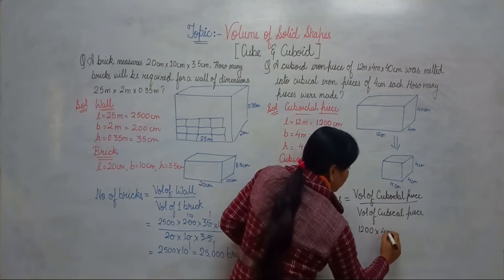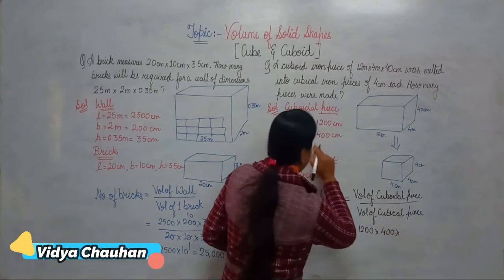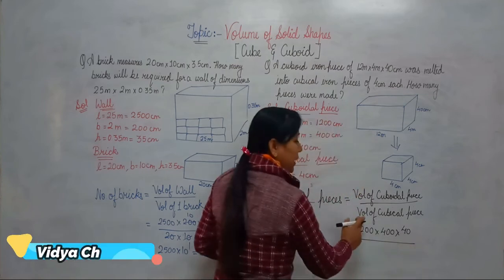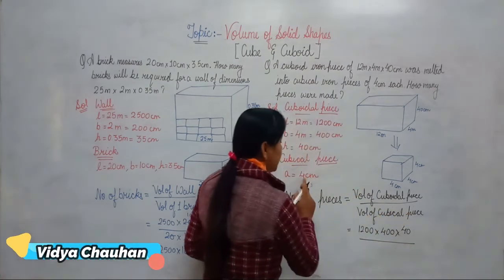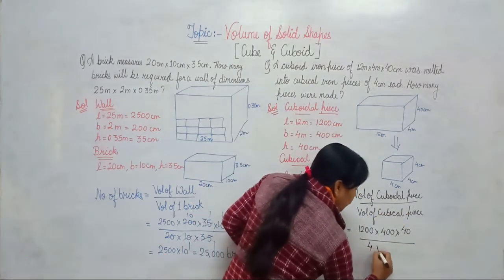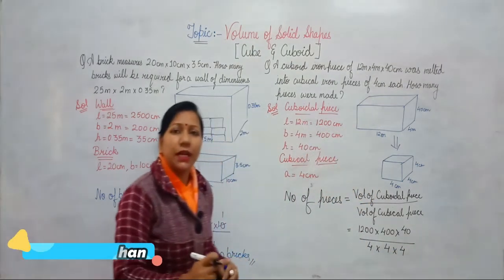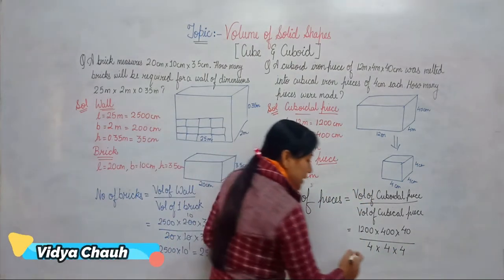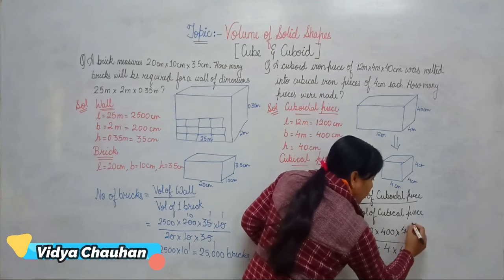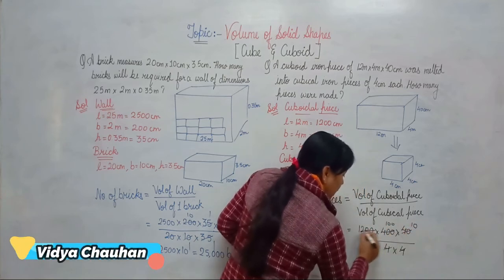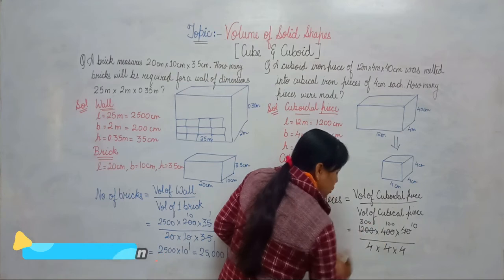Now let's put the volume of the cuboidal piece, that is length, which is 1200, multiplied by breadth 400 and multiplied by its height, which is 40 centimeter. Dividing by the cubical piece, whose dimension will be 4 multiplied by 4 multiplied by 4, that is side into side into side. Now let's simplify the terms here. 4 tens are 40, 4 hundreds are 400, and 4 threes are 1200.